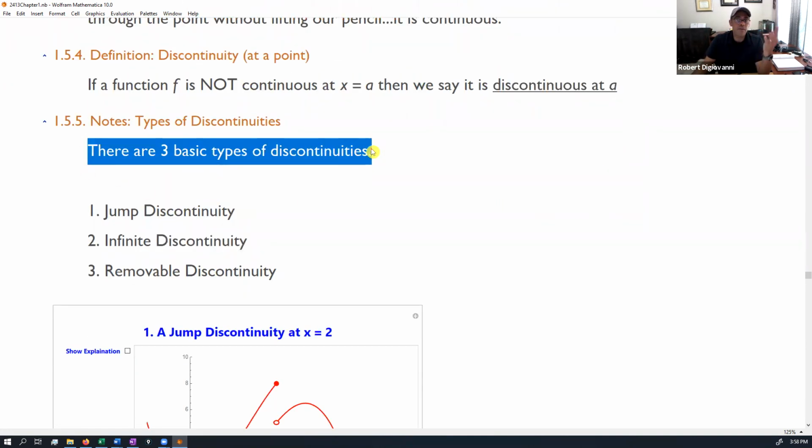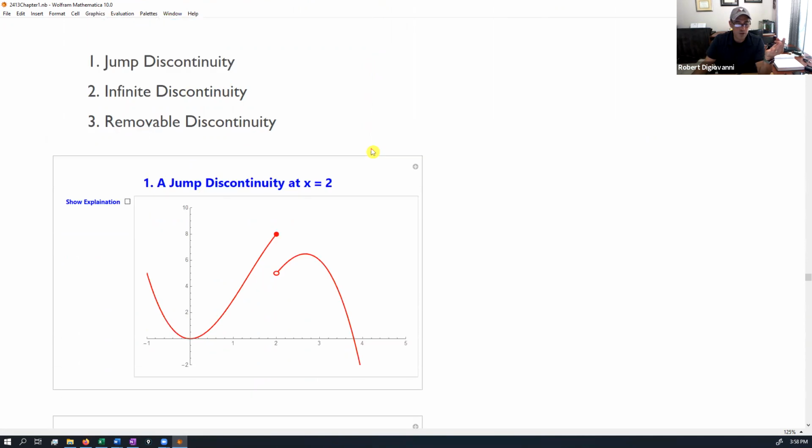There are three basic types of discontinuity. So there are three different scenarios where a function would fail to be continuous. The first one is what's called a jump discontinuity, which you can see right here. If your graph ever has a break or a jump in it, then you cannot possibly be continuous.